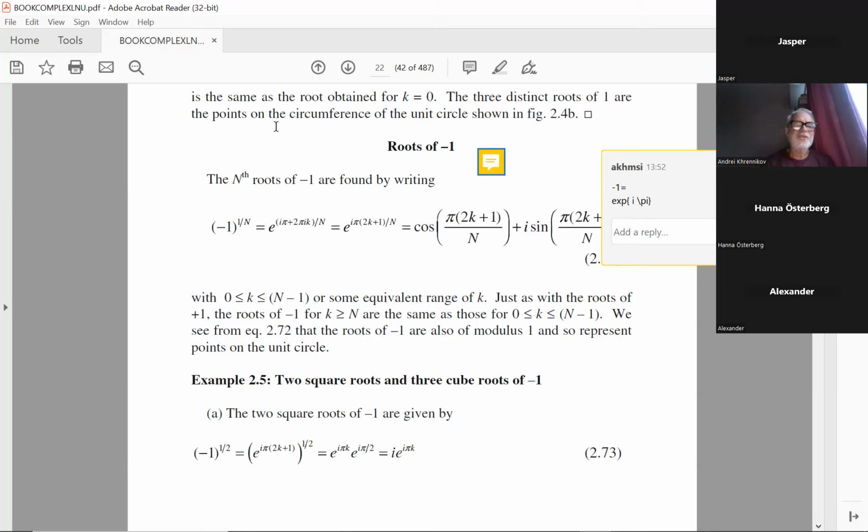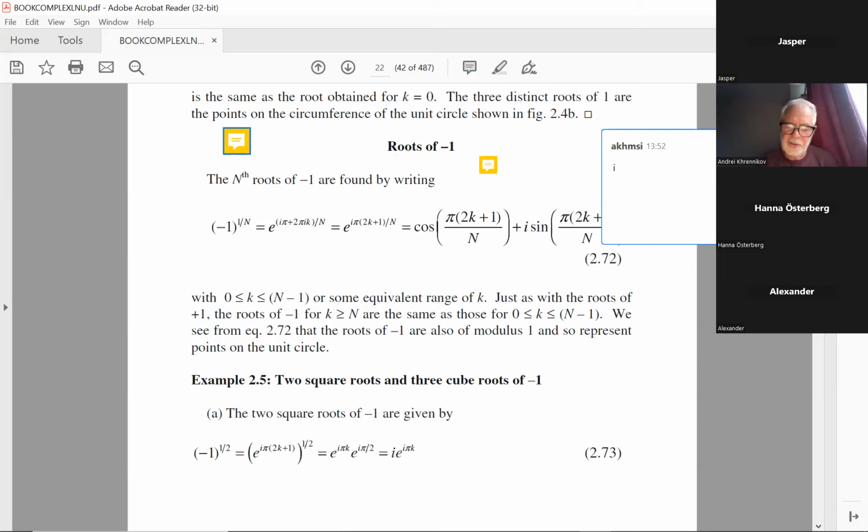Now, for example, what is I? Let us also represent I, the imaginary unit. Where is the imaginary unit? We have this coordinate plane, and the imaginary unit is here, up. So the angle is pi divided by 2. So it is exponent I, and here is pi divided by 2.